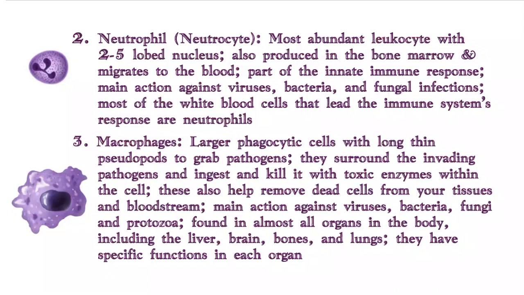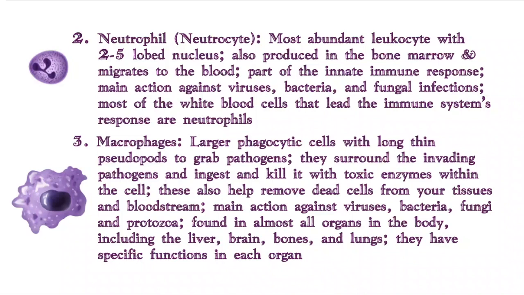Then we have the macrophages, which have little pseudopods or extensions that grab bacteria, grab little pathogens, and basically it will surround and then completely engulf the bacteria or virus and ingest it and kill it, break it down through the lysosomes or the enzymes.